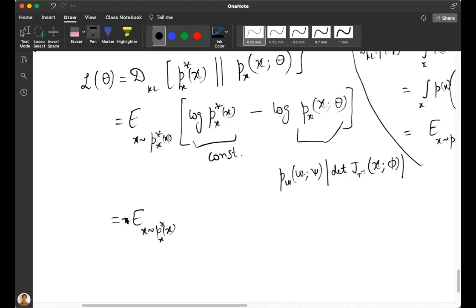The negative sign comes out: minus log of p_u of u comma psi, plus log of the mod of the determinant of J_T inverse of x comma phi.